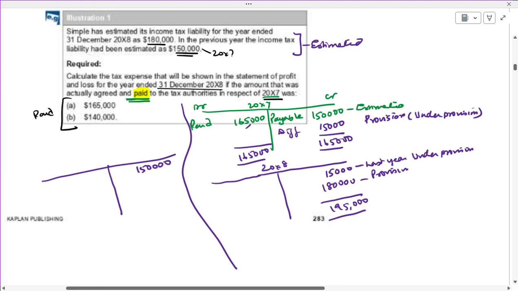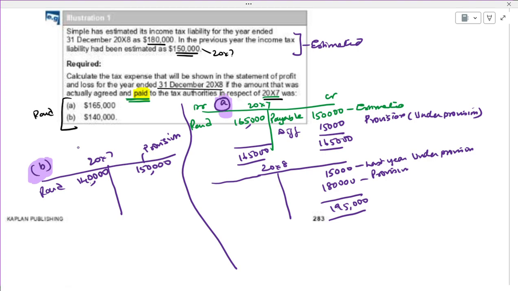This is point A and this is point B. For 2007, you have made a provision of 150, but you have paid 140. You have paid less, so 10,000 is still there in your balance. It is a credit balance of 10,000.